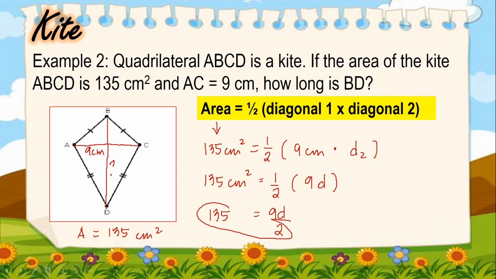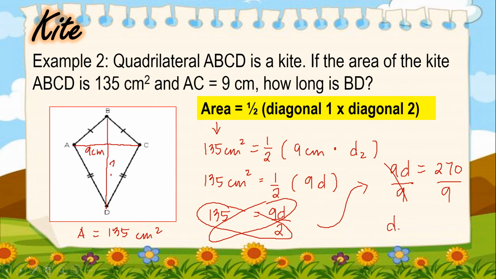By cross multiplication, we have 9D is equal to 135 times 2. 135 times 2 is equal to 270. To solve for D, we divide both sides by 9.